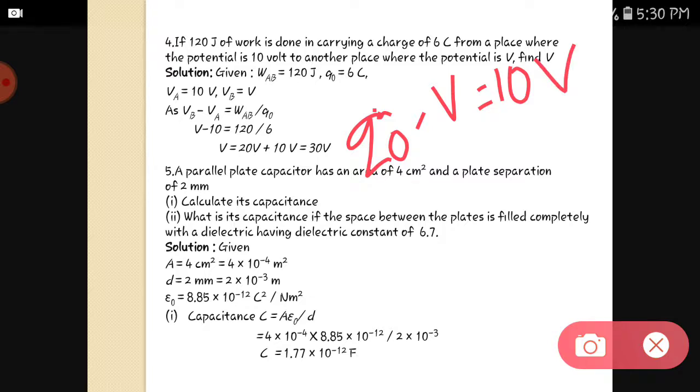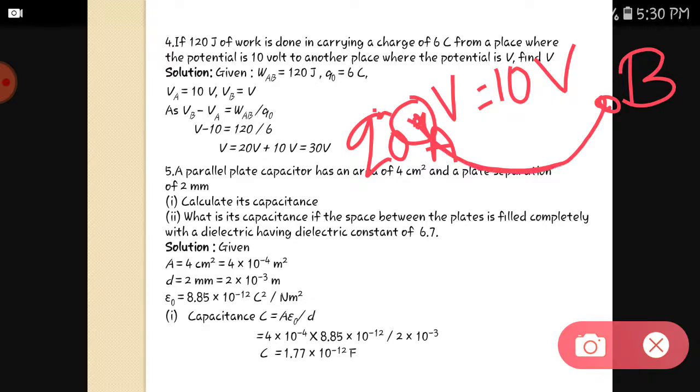Now if this is at point A, this is situated at point A, I want to bring that charge to another point, which is B. I wanted to move this Q0 from A towards B. At A, V is 10 volt. At B, V may be something that we are going to find out.